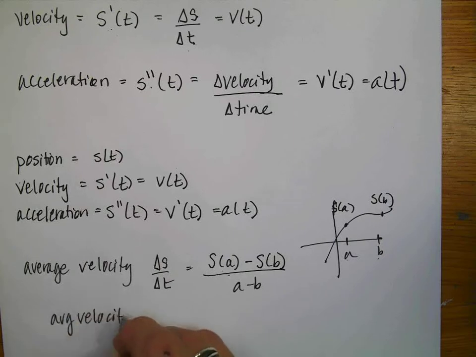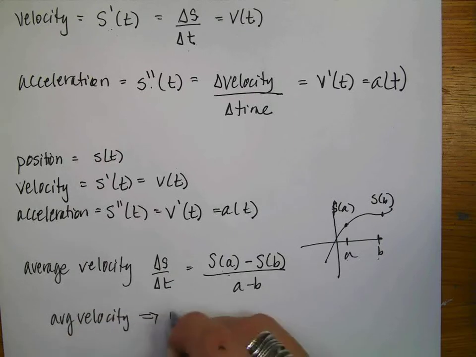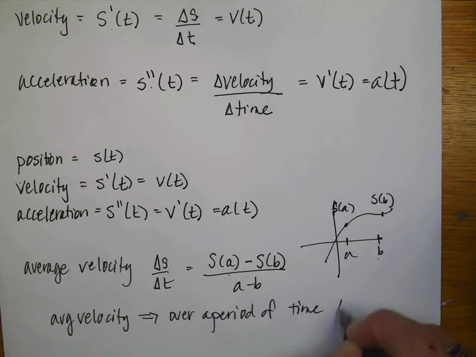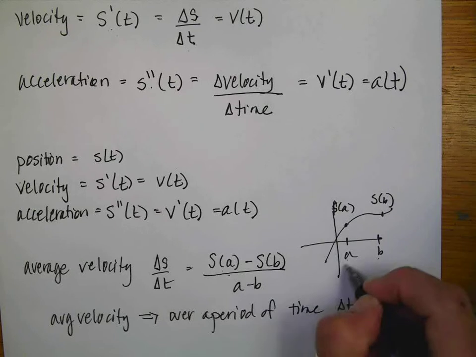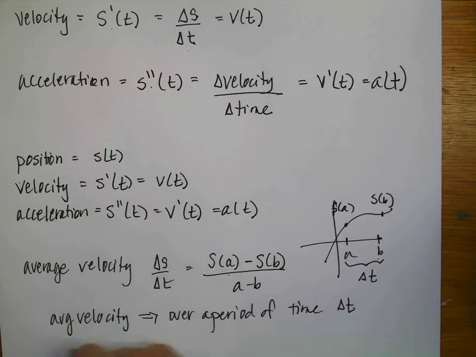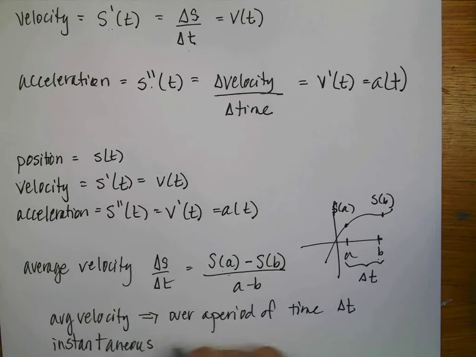Average velocity means it's going to be over a period of time, or delta t. This information right here is delta t. And then instantaneous, whoo, that's a long word.